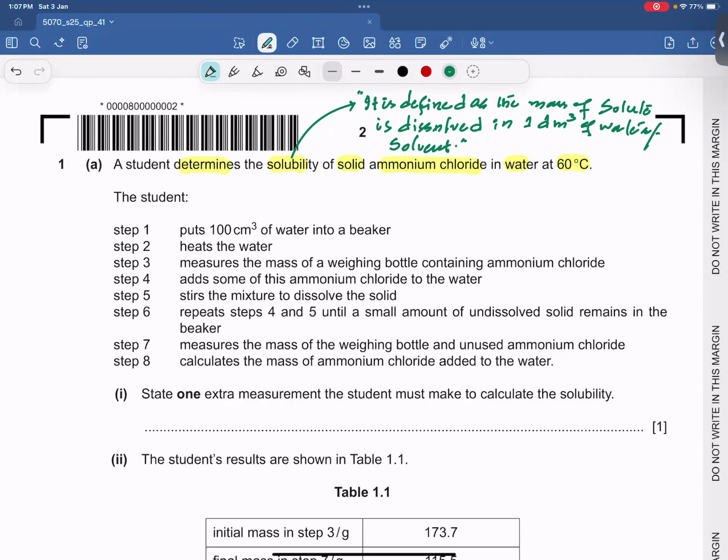That's the definition of solubility, which means we need to measure solubility in gram per dm cube.